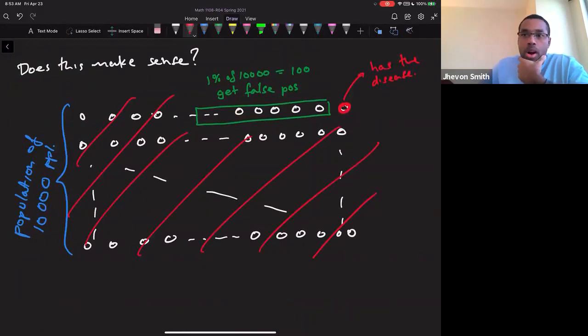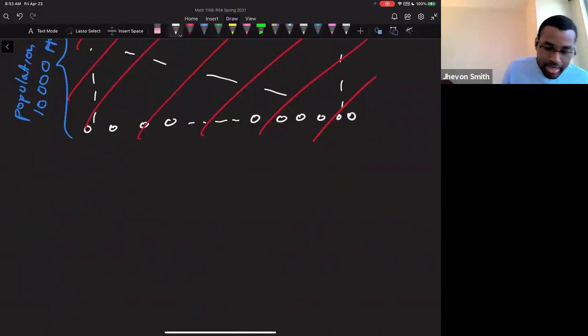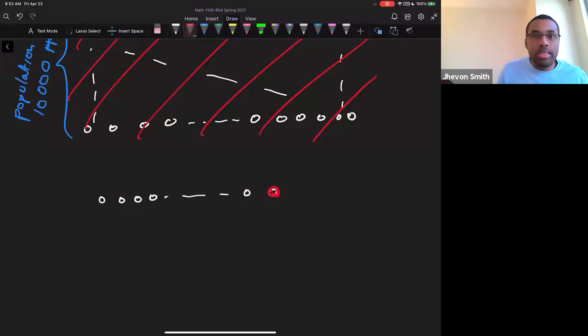You're not just a part of the random population anymore. You're part of the population that tested positive, which means you're not a 1 in 10,000 chance. So the probabilities before don't really apply to you directly. What does apply to you is the fact that in a list of 101 people, one of whom has the disease, you are one of those people.